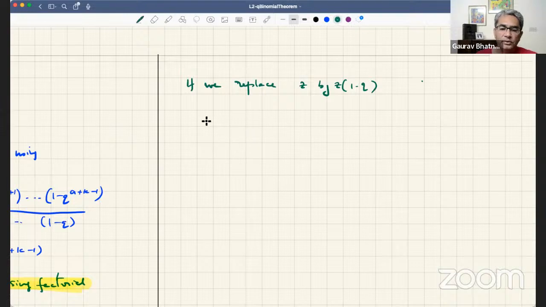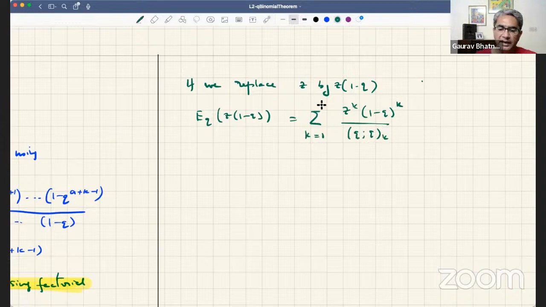So we get E_q(z(1 - q)), which is the series of z^k (1 - q)^k over (q;q)_k, k going from 0 to infinity, and we take the limit as q goes to 1.